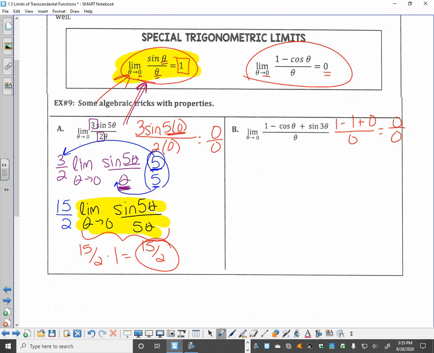Now I could pull it apart into 3 separate fractions, but I'm kind of seeing this right here and this right here. So here's what I think I'm going to do. I'm going to do the limit, and I'm going to make this one, and then I'm going to do this one.